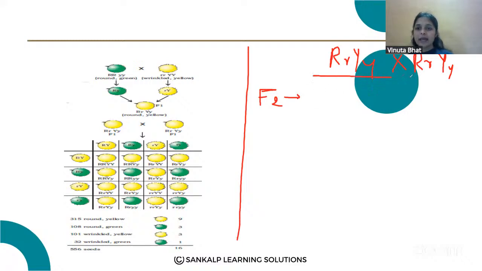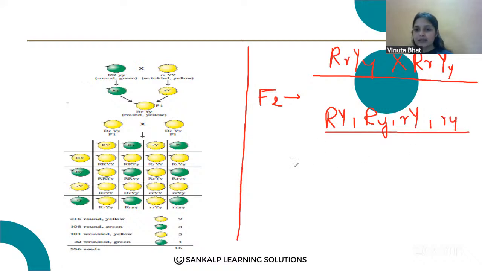But what are the gametes produced by these plants? The gametes produced by these plants are RY, capital R small y, then small r capital Y, then small r small y. So these are the gametes produced by these plants.